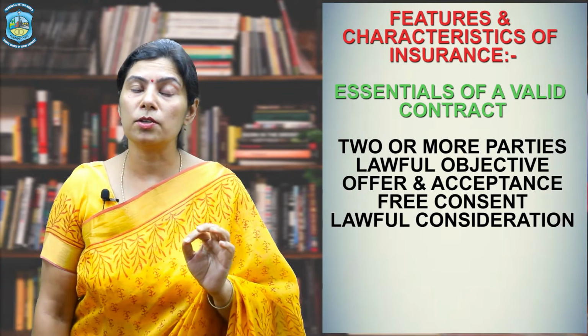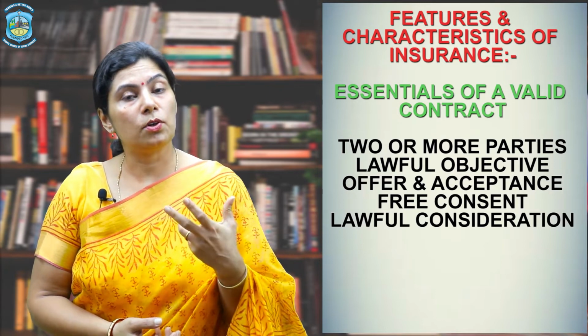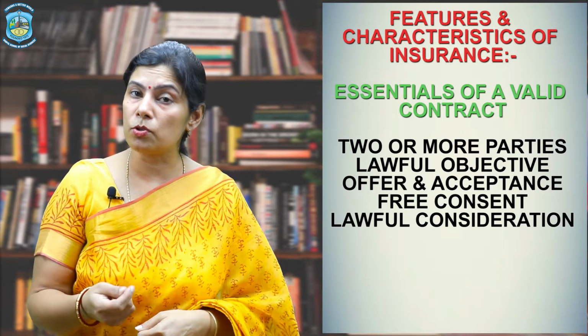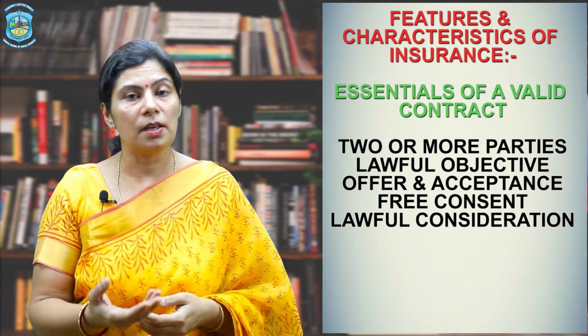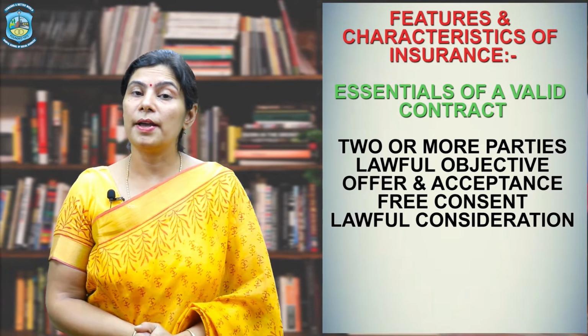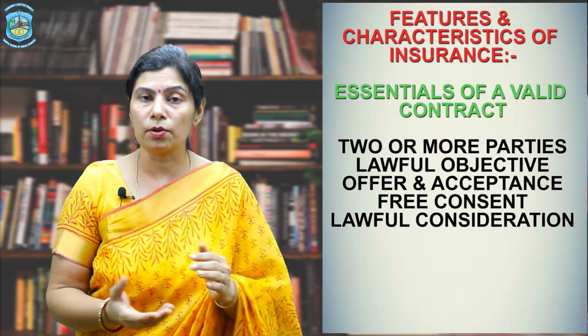Now, there's something to be understood in this offer and acceptance. The offer of the contract of insurance is made by the insured, that is the proposer who is planning to take the insurance policy, and acceptance is given by the insurance company. So, the offer is made by the insured and it is accepted or rejected by the insurance company.